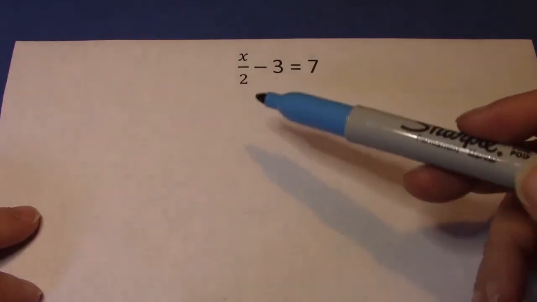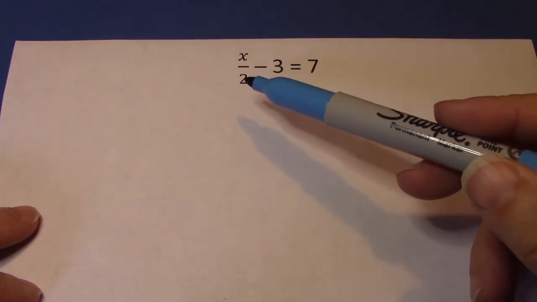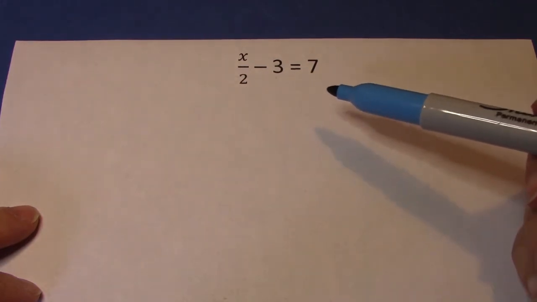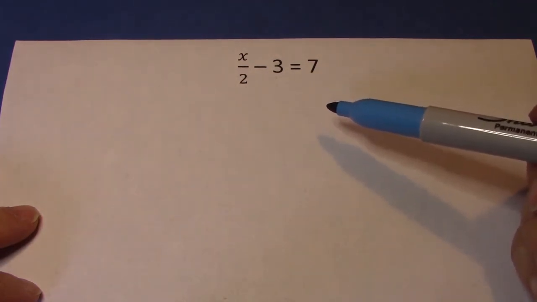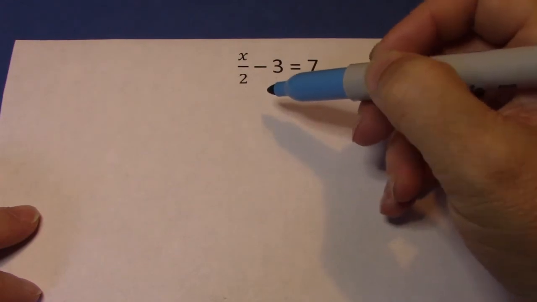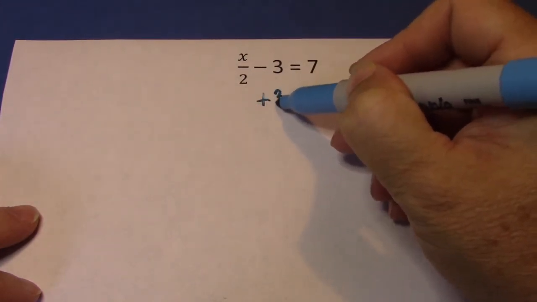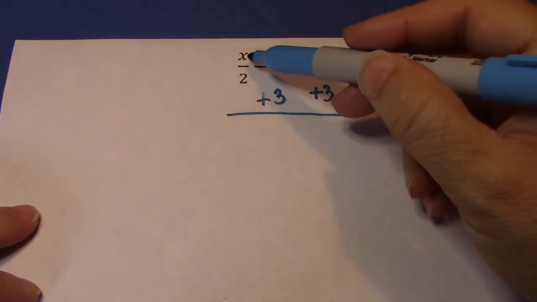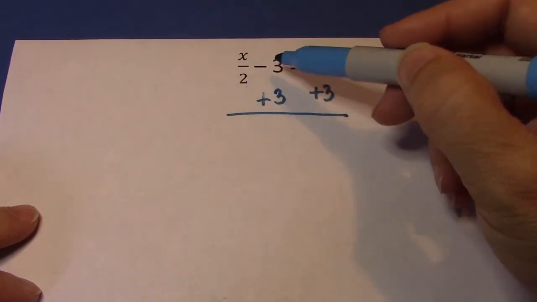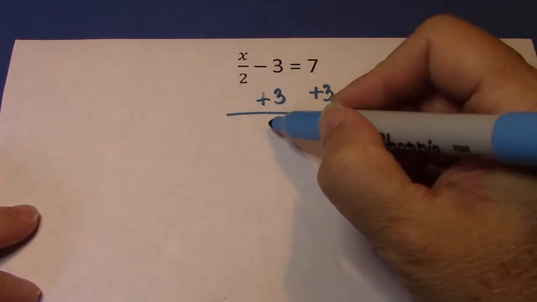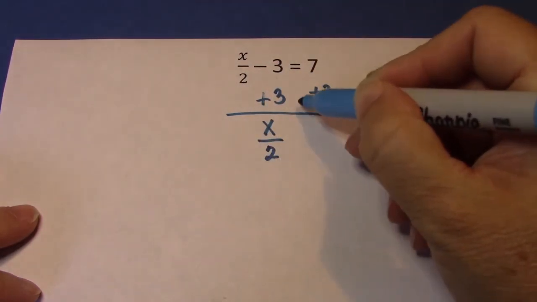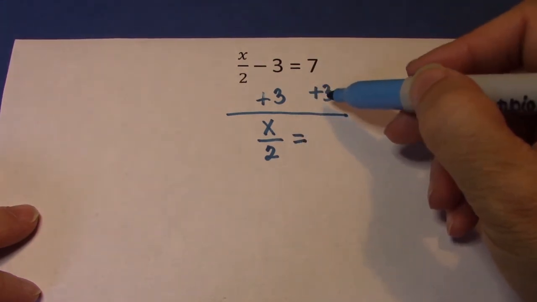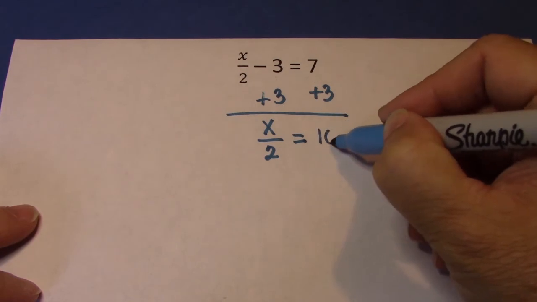Here's another example. x divided by 2, remember a fraction means division, and then minus 3 equals 7. We'll start by adding 3 to both sides since 3 is being taken away from this side. So x divided by 2, minus 3 plus 3, that cancels that out. We are left with x divided by 2 on this side, bringing the equal sign straight down. 7 plus 3 is 10.